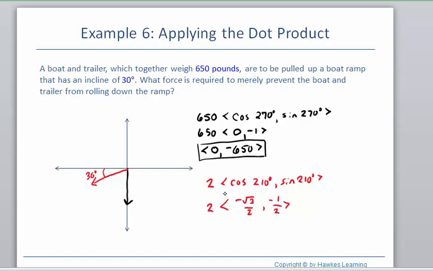And then when I multiply that 2 through the bracket, those 2's are going to cancel out. And the vector then for my ramp is going to be -√3 and -1. Okay, so that is our first step: to look at the situation, determine what we've got in terms of both of the vectors, and write a vector representation for each one.